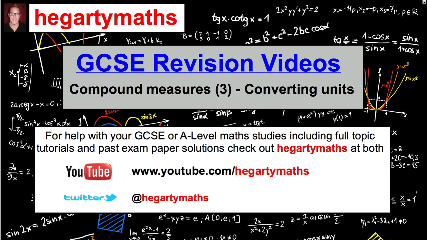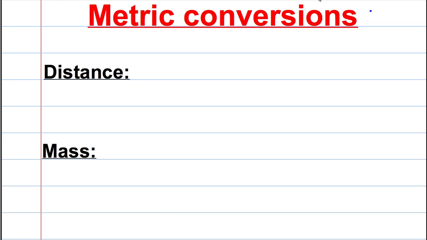Right, let's start by talking about some metric conversions we need to know. The first thing we need to know is that 1 centimetre is equal to 10 millimetres. Okay, that's a common one we need to know.